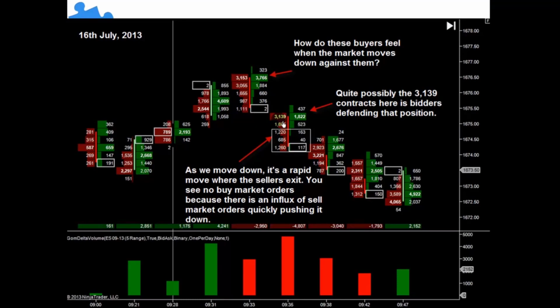Now when it breaks down, it breaks quickly. How do you know that was fast? Well, we can see that the sellers take all the bids and there is very, very little buying. And this is stops getting hit. The market's not going to spend much time there because, as we get to each level, any stops there are going to get triggered as soon as one contract trades.